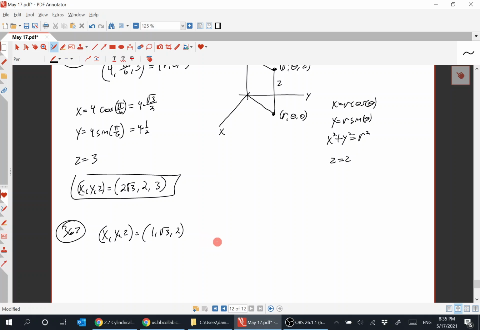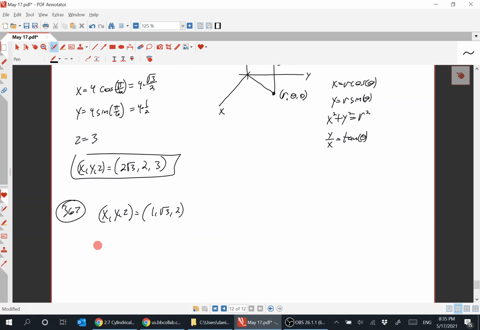Okay, find r theta z. Well, x is r cosine theta, y is r sine theta. So then y over x is tangent theta. So you find the theta that way. All right? y over x is tangent theta.